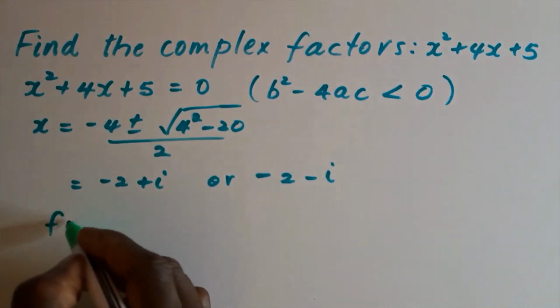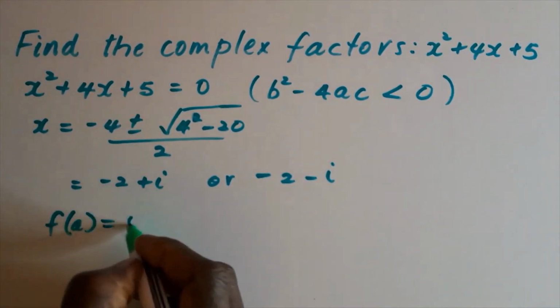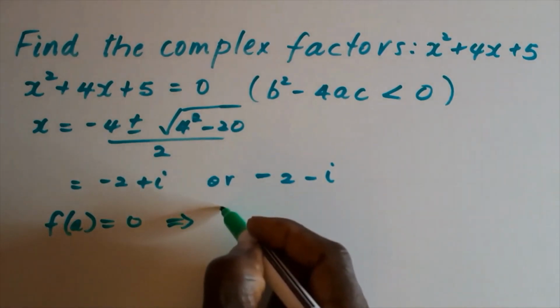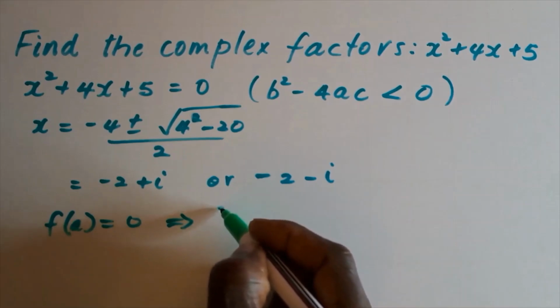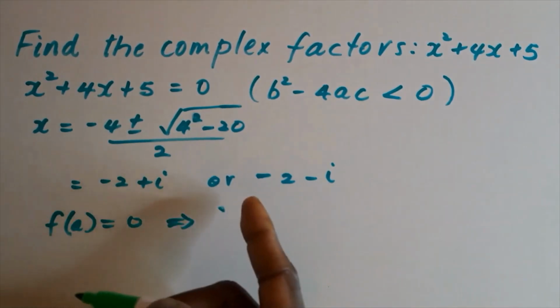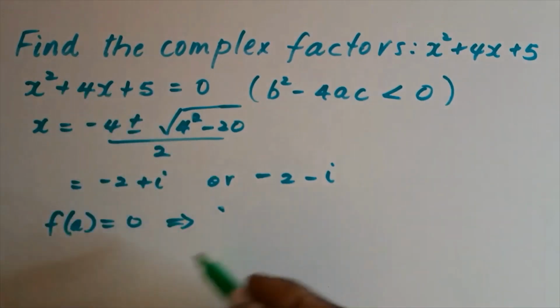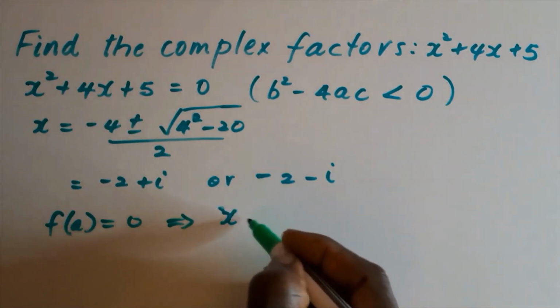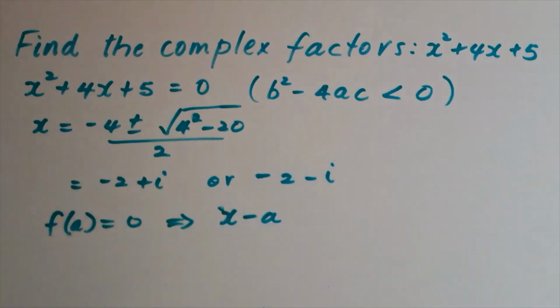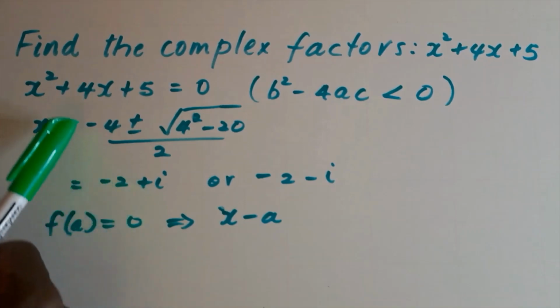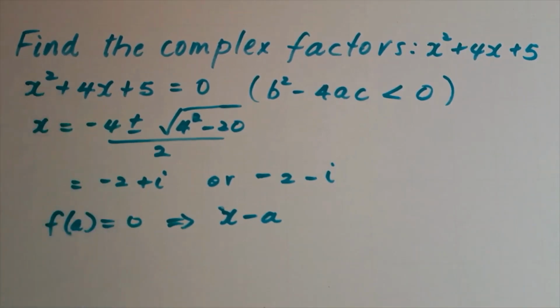Now, the factor theorem: if f of a is equal to 0, it follows that one of the factors of f of x, which is x squared add 4x add 5, is x minus a. Now we know that f of a must equal 0 because these are the solutions of this quadratic equation.